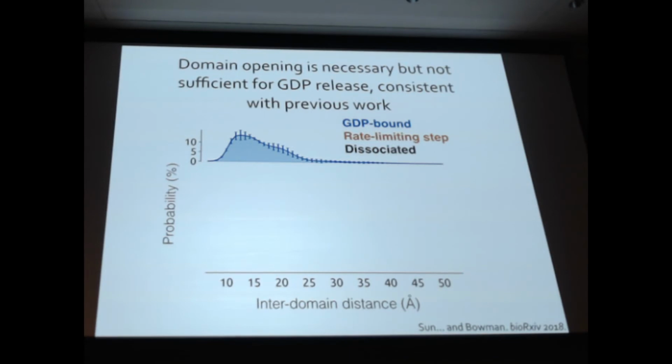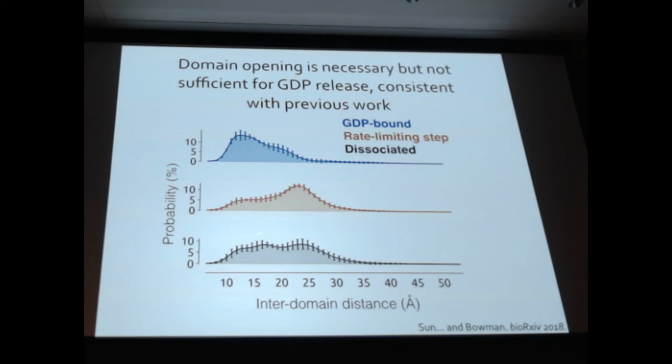And as we progress through the release process and look at the rate limiting step, we do start to favor more open structures. And once we've released, the protein is continuing to exchange between open and closed structures. So these sorts of consistency checks are encouraging that the model that we get at the end is a reasonable reflection of reality.